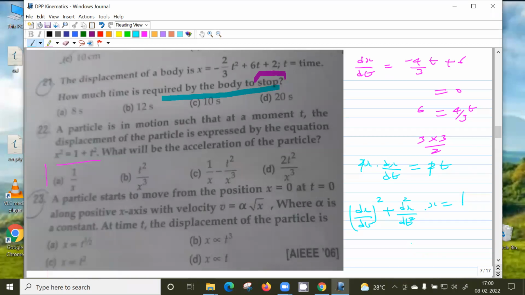So we find d square x by dt square, so acceleration is 1 minus velocity square divided by x. And velocity is t by x.